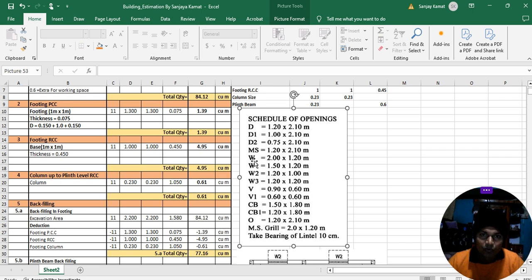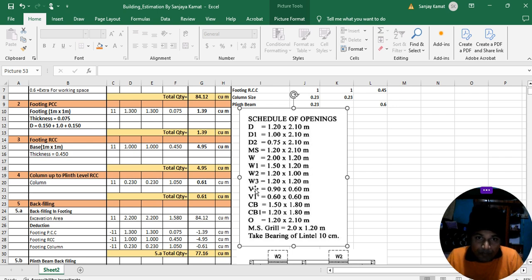And this W represents the window. W1, W2, W3, these are all windows. For the window we have to take a dimension of 2 meter by 1.20 meter. Window W1 will be 1.50 by 1.20 meter.